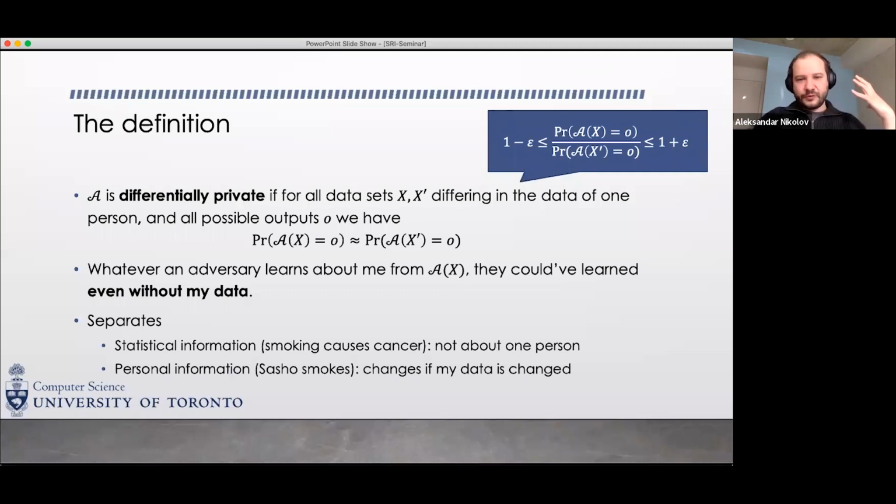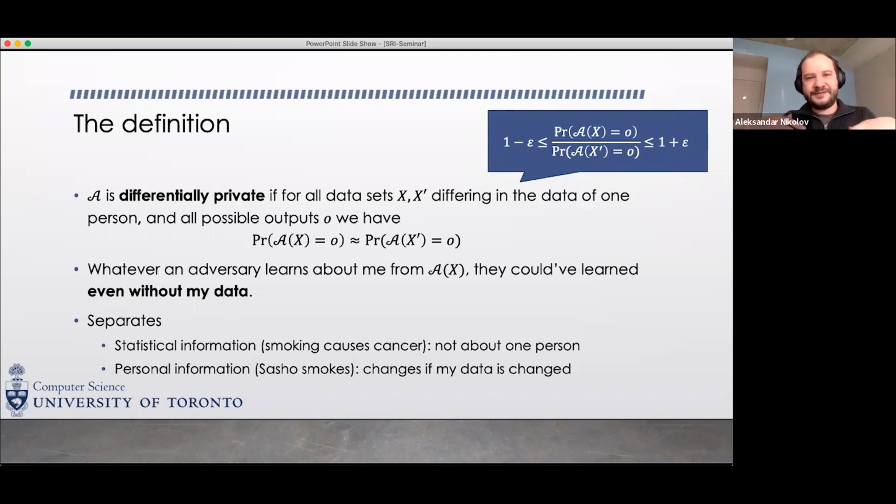And I think one important thing that this definition achieves is that it gives us a way to separate statistical information from personal information. So what I mean by statistical information is something like smoking causes cancer, something that's a fact of the universe, like a fact of nature, some statistical correlation that's not about any single person.